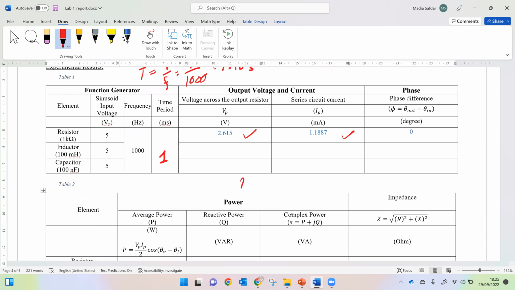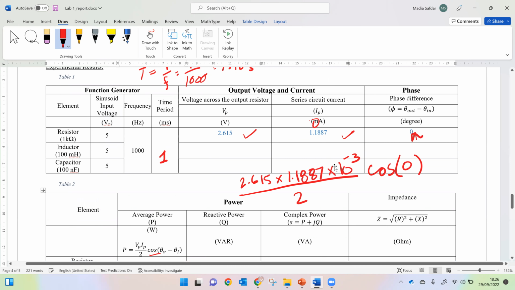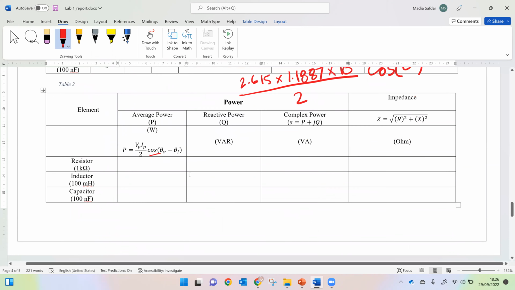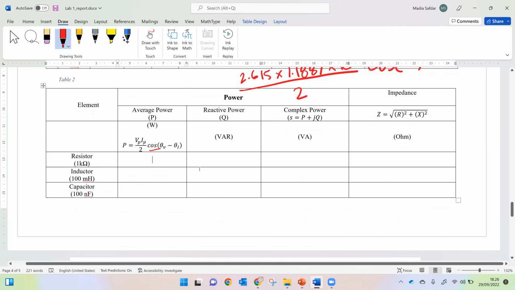So 2.615 multiplied by 1.1887, it's milli. So multiply by 10 to the power minus 3 divided by 2, and then cosine of 0 because your angle was 0. Okay, just calculate it on calculator.